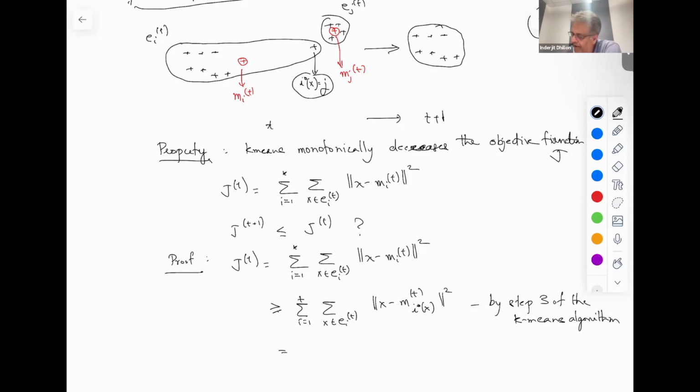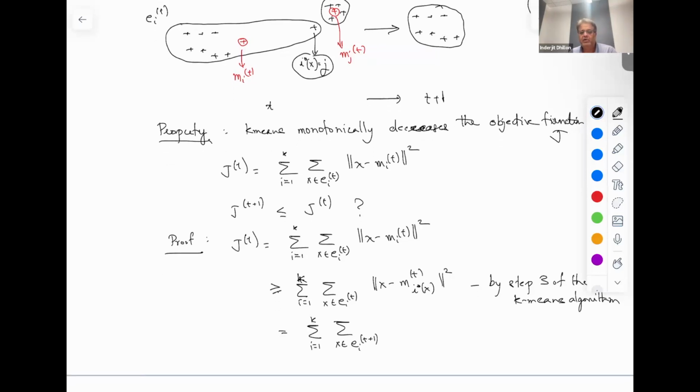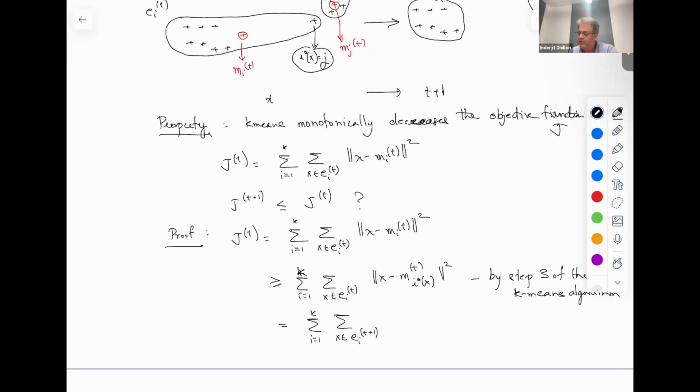Instead of writing it in terms of this, which was i equal to 1 to k, I'm still considering k clusters, but I'm now going to consider the order of the points according to the cluster at step t plus 1. That's all I'm doing. I've just rearranged everything.